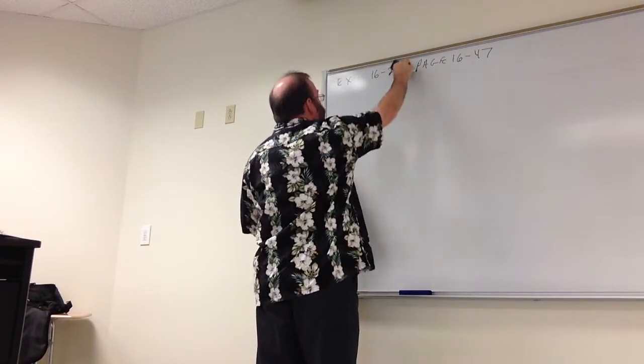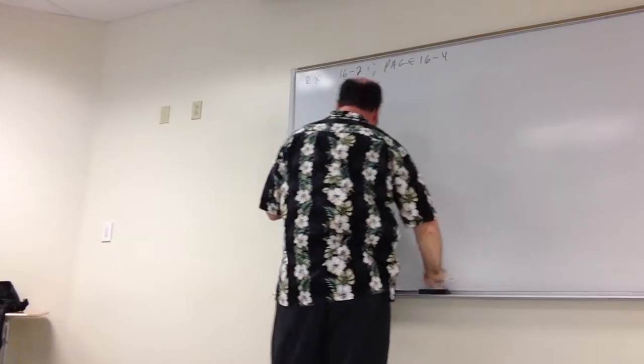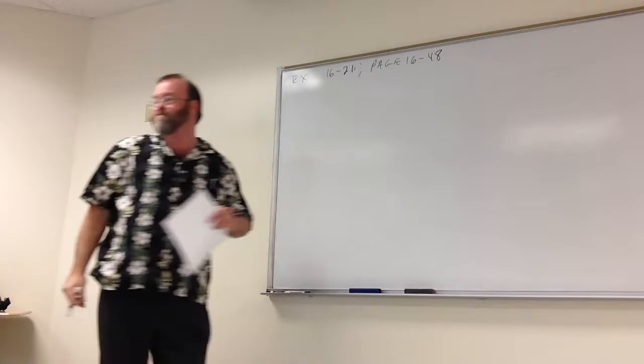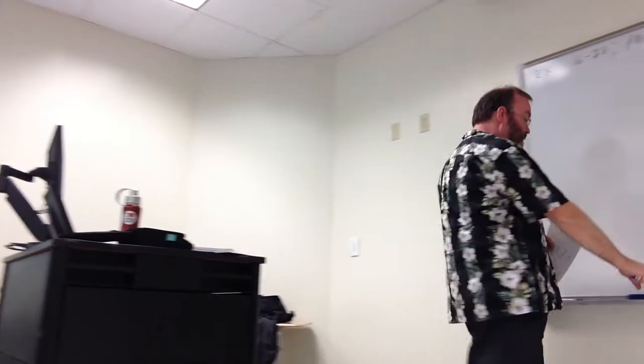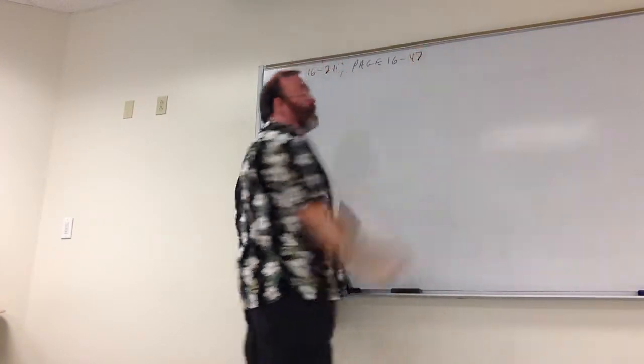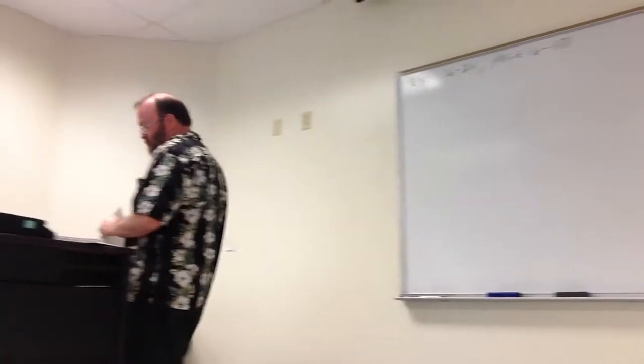Exercise number 21 on the next page, 48. Actually, it's at the bottom of page 47. Mary and Company has 30,000 shares of common stock outstanding during all of 2013. This common stock has been selling at an average market price of $45 per share.